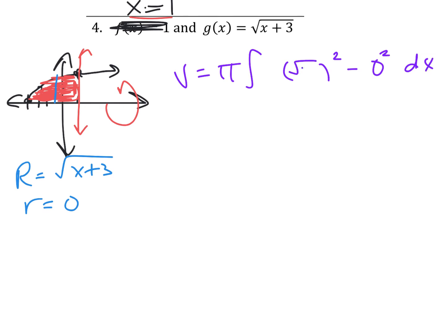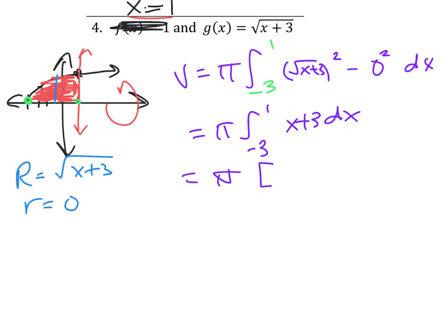And our function is going to be the square root of x plus 3, and then we're going to square that. And then our bounds, I do feel like I can see them from the graph. Our bounds are going to be x equals -3 to x equals 1. Before I integrate, I'm going to simplify this. The square root of x plus 3 quantity squared is just x plus 3.